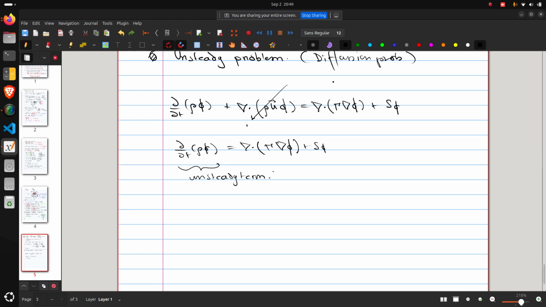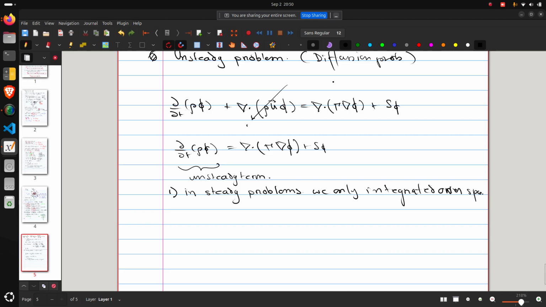So initially, for the steady problems, we only integrated in space, right? We integrated over the volume, or did the integration over the surface area, right? So a spatial integration. In steady problems, we only integrated over space, right?